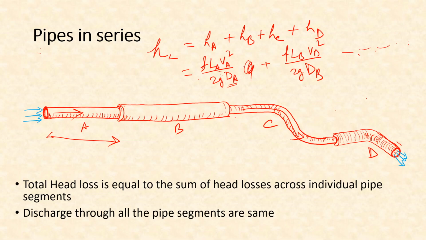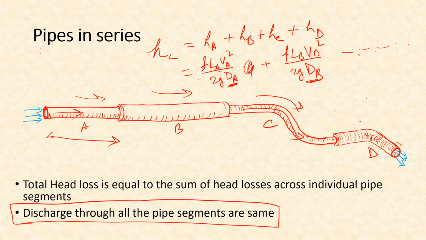Now suppose the diameters D_A, D_B, D_C and D_D are known, and the lengths are also known. The unknowns are the velocities V_A, V_B, etc. So we are considering four different velocities in these four pipe segments, but we can eliminate all these four variables and replace them with one single variable, based on the fact that the discharge through all the pipe segments is the same.